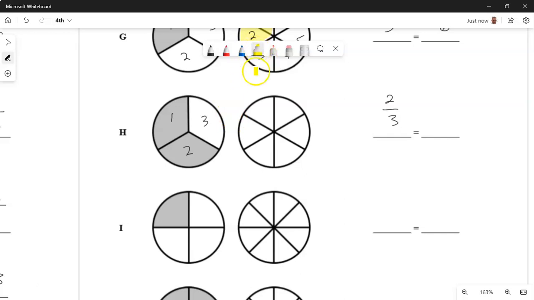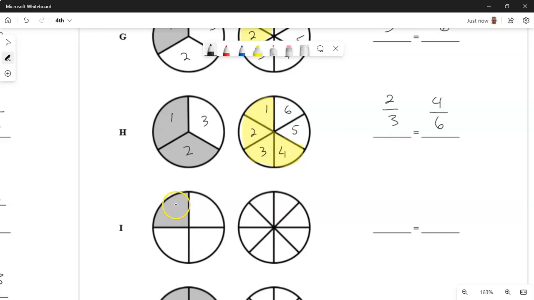I'm going to shade in the model next to it to be the same amount shaded. It looks sort of like this right here, the same amount. And there are 1, 2, 3, 4 parts there, so my numerator is going to be a 4. And I have 5, 6 total parts, so my denominator is going to be a 6. So 2/3 is equivalent to 4/6.